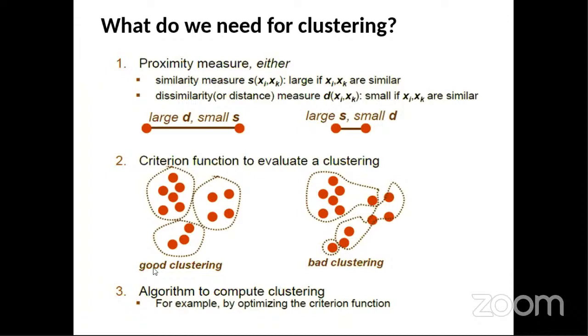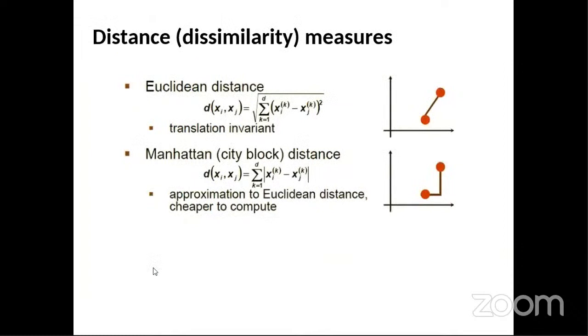Whatever objective function or criteria function you have decided, you have to have an optimization. You start with the criteria function, and then you want to minimize or maximize that criteria function. So we need proximity measures, we need a criteria function, and we need an algorithm to compute clustering. These are the three things required.